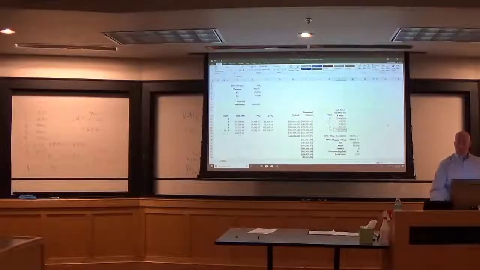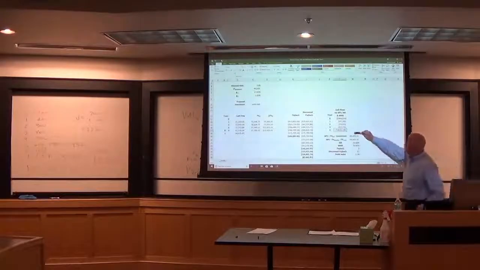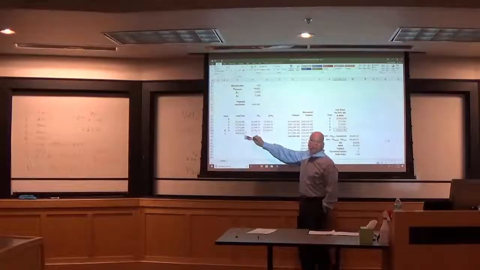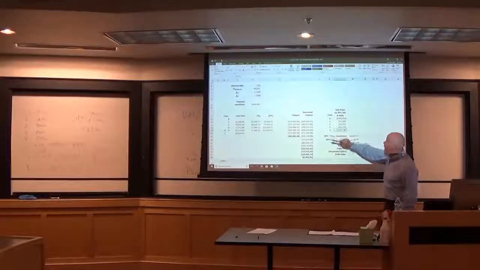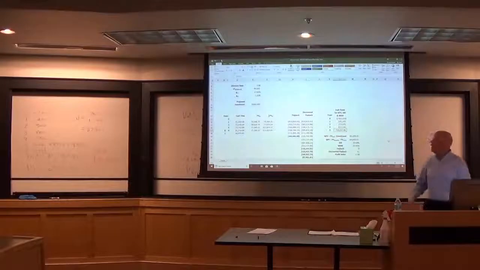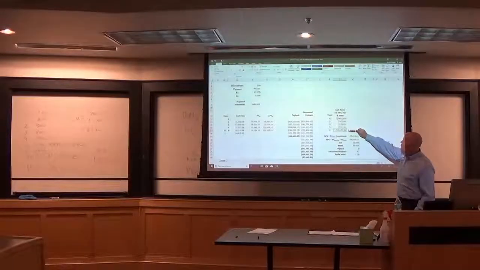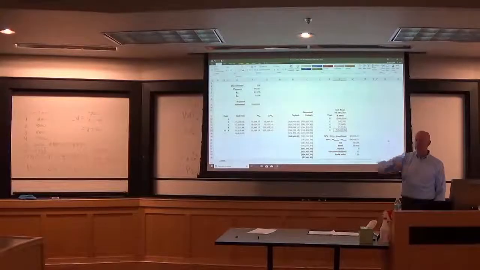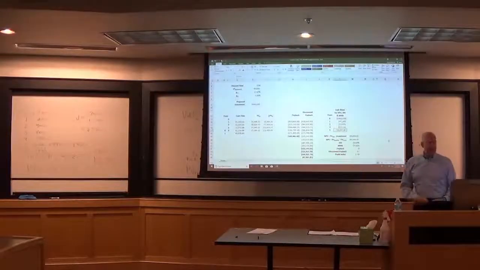And notice that this value in time 4 is not the same as this value in time 4. 750,000 versus 65,000. Very different numbers. What have I done to increase the number here? What did I do? Think about how we used this in the calculator. Added the continuing value. I added the continuing value.